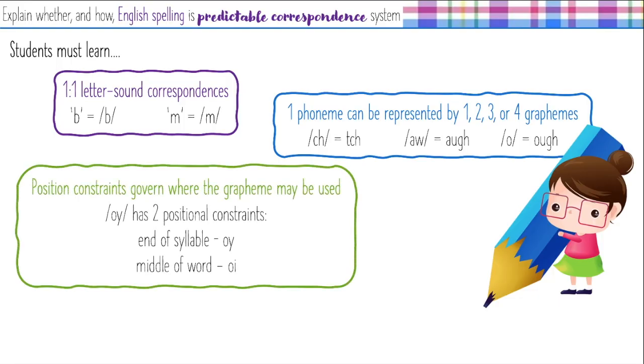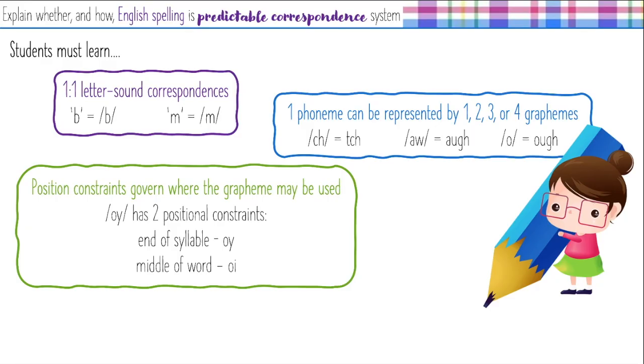We need them to understand that position will govern what letters can be used, okay? And giving them a first choice, second choice, third choice for the spelling actually is incredibly helpful. So if I'm doing oi, it has 2 places that it can be. End of a syllable, middle of a word, it's going to be these different things, right? Ow, you can say it can be at the end of a word, it can be at the end of a syllable.